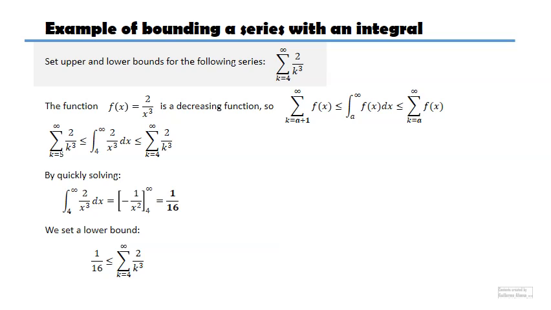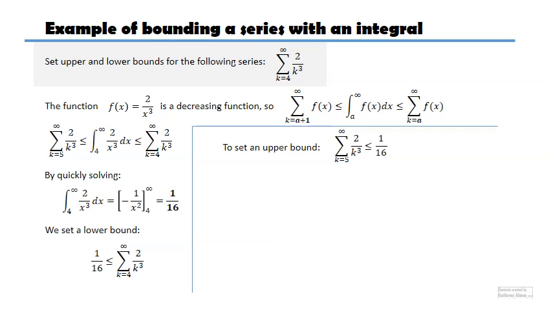Now, how do I find an upper bound of this thing here? Well, I'm going to use the other side of the inequality, this expression here. I know that this thing here is smaller than 1 over 16, right? Great. But the problem is that this summation starts at 5 and this one starts at 4, so that doesn't quite help me. This is how I'm going to fix it. This is how I'm going to make this summation start at 4.